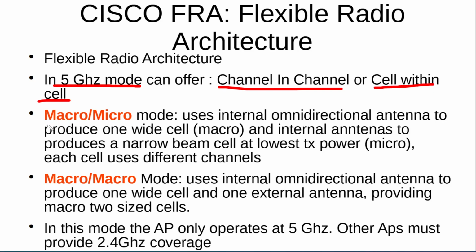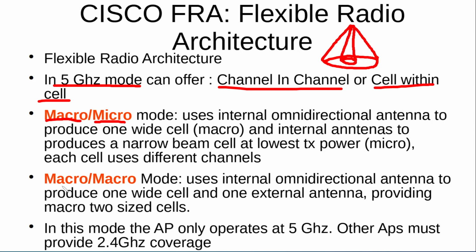For instance, if you choose the micro mode, your access point will provide a large footprint cell, and using the internal antenna, it will also provide a smaller cell footprint.